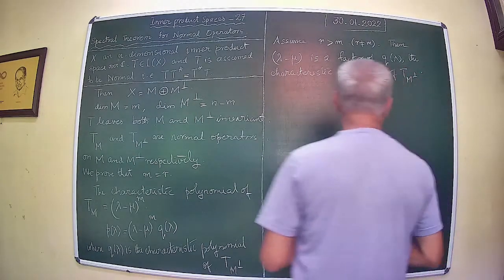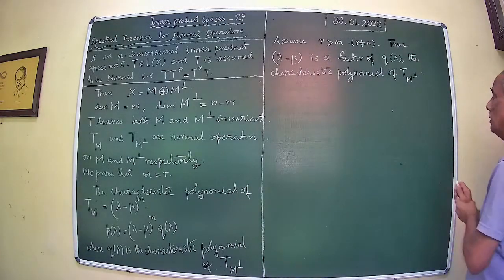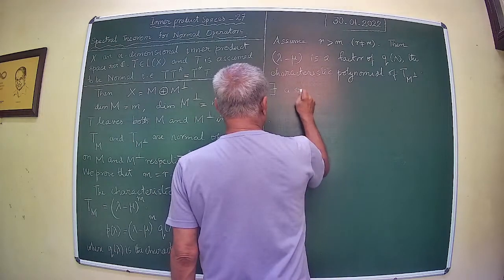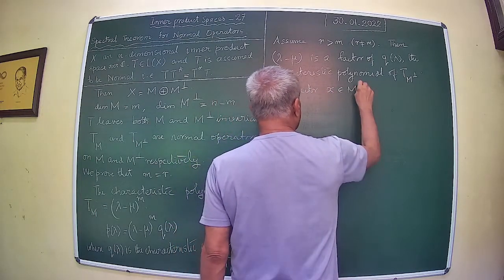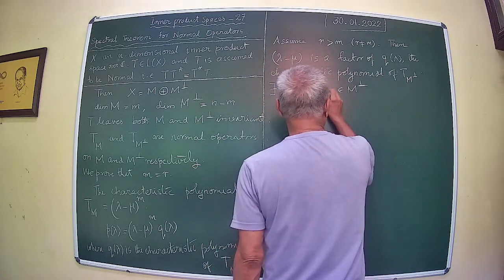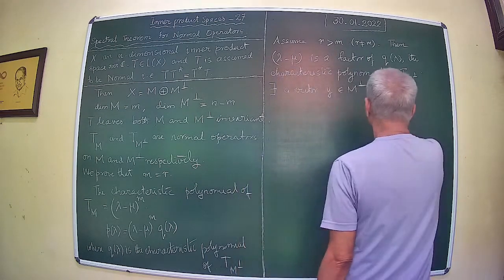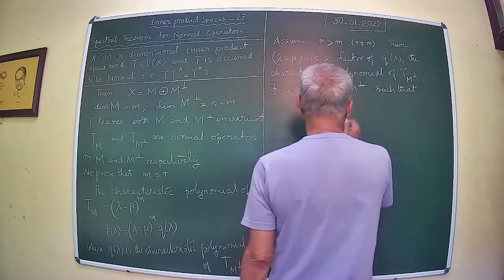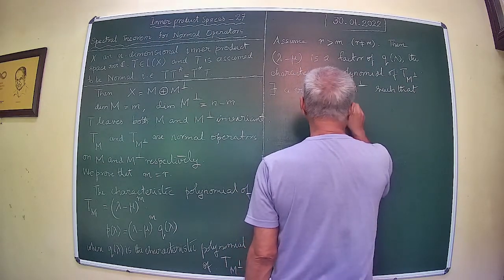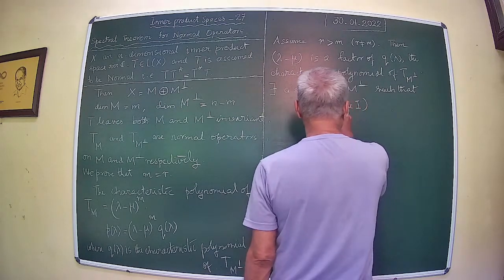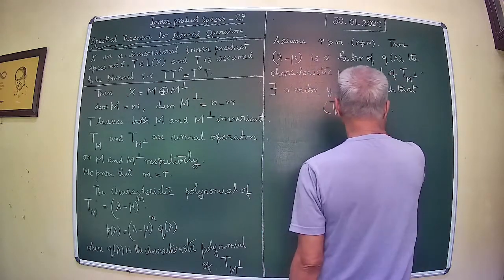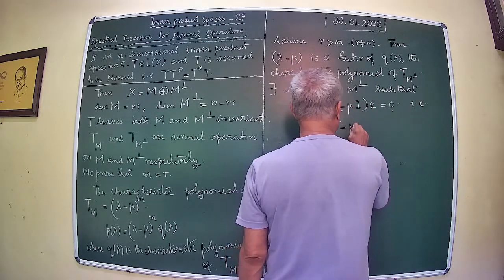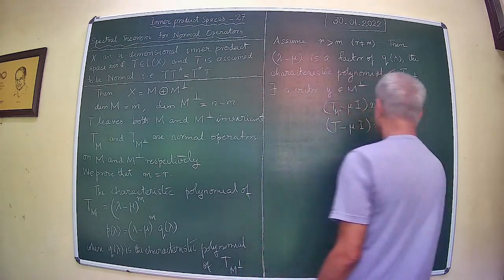Okay, therefore there exists y not equal to 0 in M perp such that T minus mu I applied to y is zero, that is T minus mu I y equals 0.